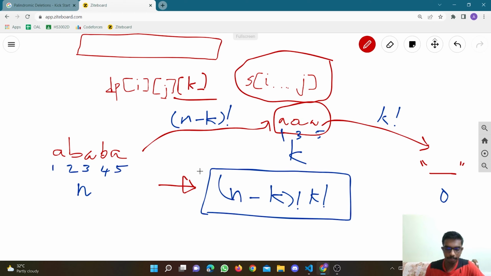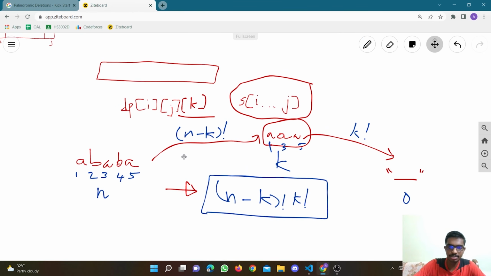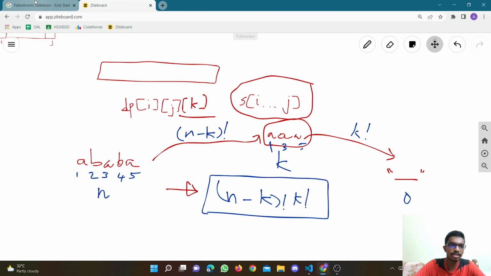So I can just find the number of palindromic subsequences in the string, and for a k length palindromic subsequence, multiply n minus k factorial into k factorial, and adding all of those will give me the number of palindromic subsequences multiplied with the appropriate multiplying factor, which will give us the number of candies.